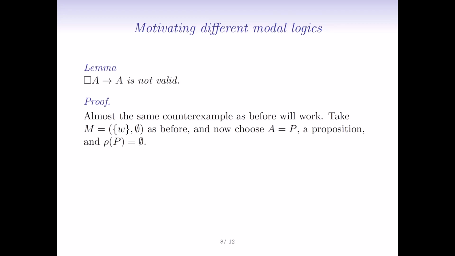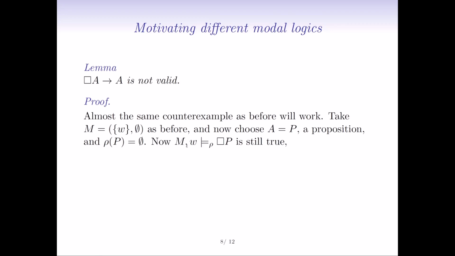So if I take A to be the proposition P, and I take the valuation of the proposition to be empty, so P is true at no worlds in the frame, then I know that P is going to be false everywhere.